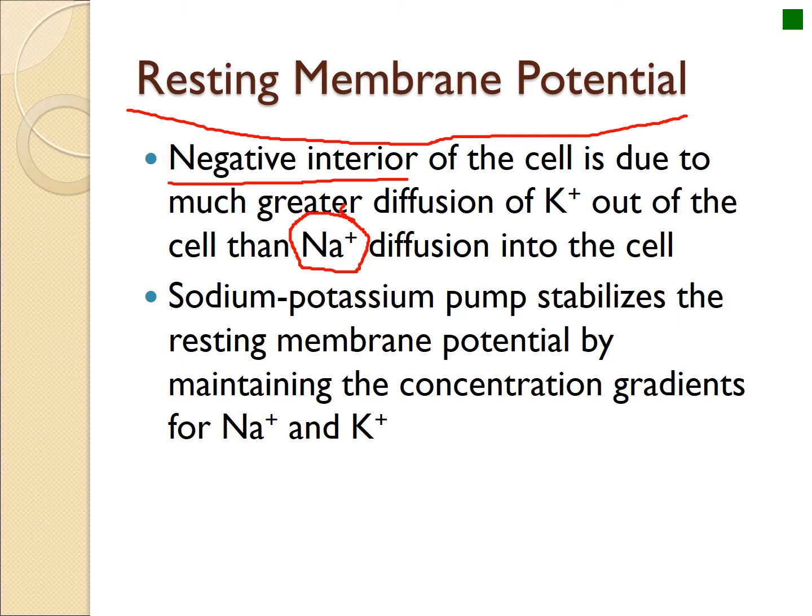So when you have more positive on the outside and less positive on the inside, that gives the inside a net, or relative, negative charge. Again, don't worry about this. Mostly know what is in a large amount on the outside of the cell, what is in a large amount on the inside, and that the cell in resting condition has a negative charge on the inside compared to the positive outside charge.